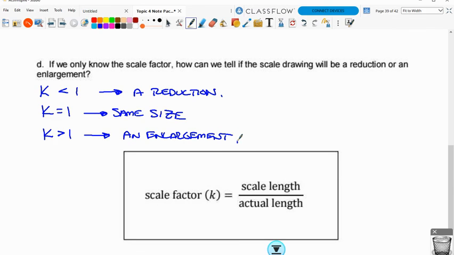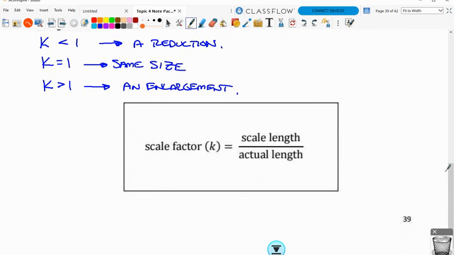So based off of the scale factor, you should easily be able to tell if you're working with a reduction or an enlargement. If your scale factor is smaller than 1, it's a reduction. If your scale factor is bigger than 1, it's an enlargement. And if your scale factor is exactly 1, the scale and the original are the same exact size.